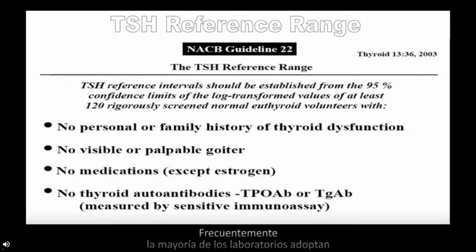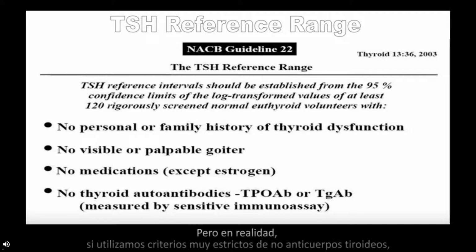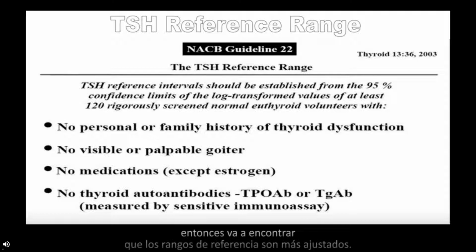Frequently, most laboratories either adopt the manufacturer's cutoff values or verify with a smaller set. But in reality, if we use very strict criteria of no thyroid antibodies, then you're going to find that the reference ranges are tighter.